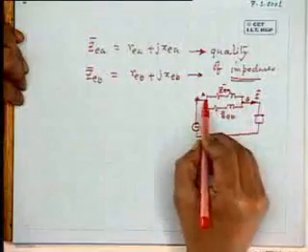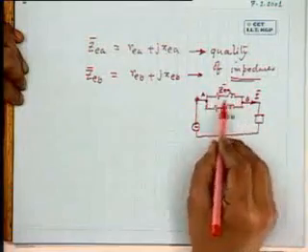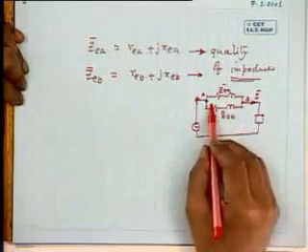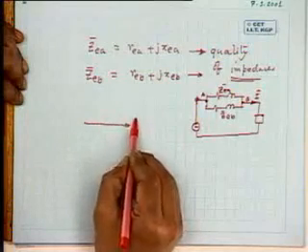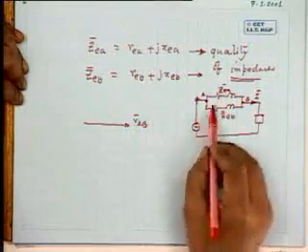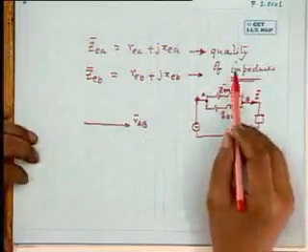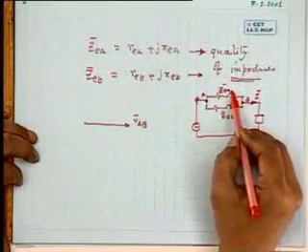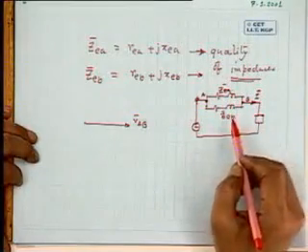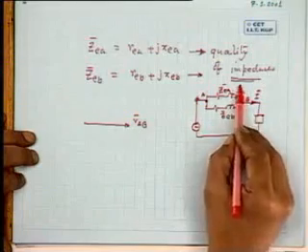Suppose how this quality will affect the loading of the transformers. Let us try to do it like this. Suppose these 2 points I call A and B. So there will be some voltage existing across A and B. Let us draw that phasor. V bar AB will be some voltage existing between points A and B. Now if the qualities are different, the impedance angles of transformer A and transformer B will be different.